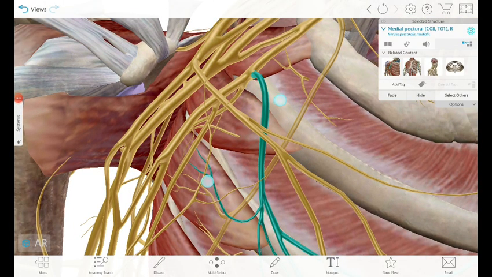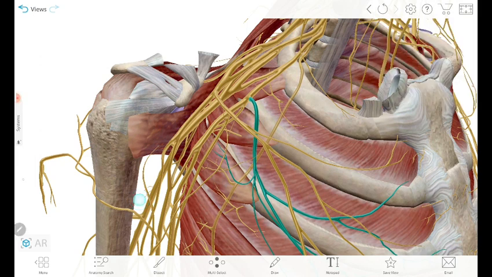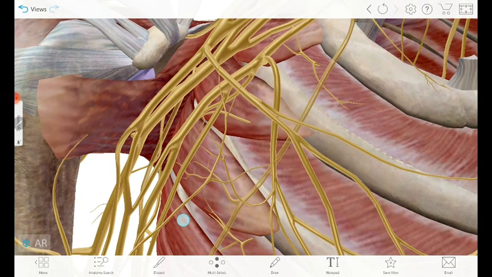Similar to the lateral pectoral nerve, this is the medial pectoral nerve, and it will be supplying the pectoral muscles. Then this is the medial root of the median nerve, which was combining with the lateral root to form the median nerve. And the other two will be the medial cutaneous nerve of arm and medial cutaneous nerve of forearm.